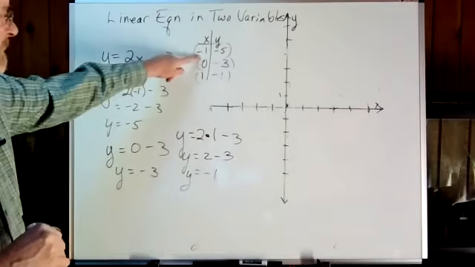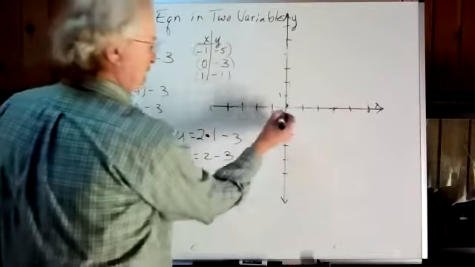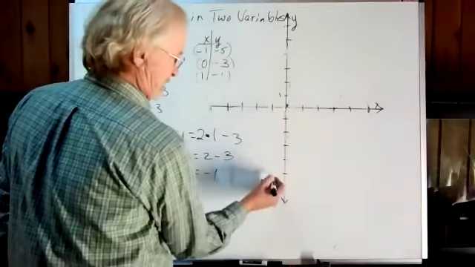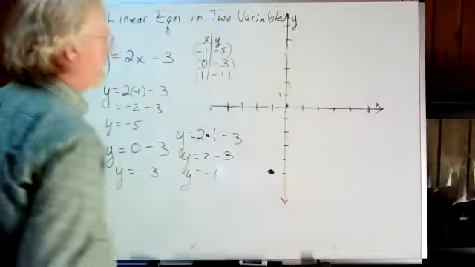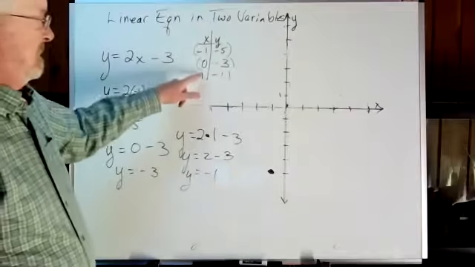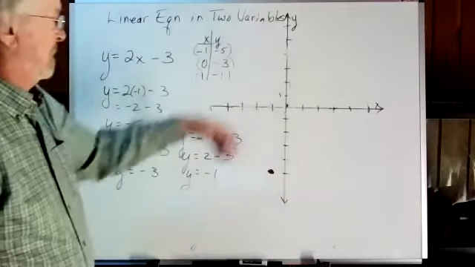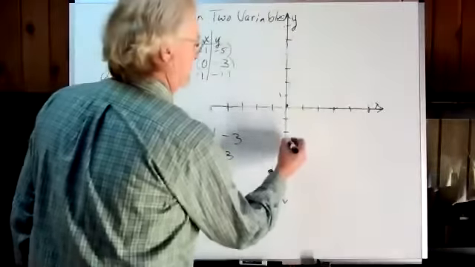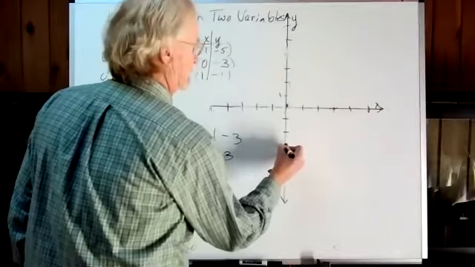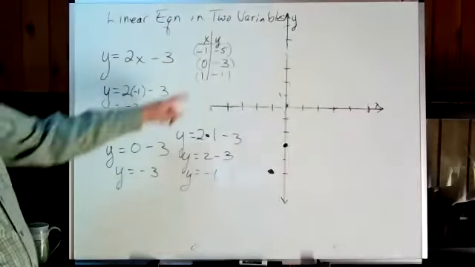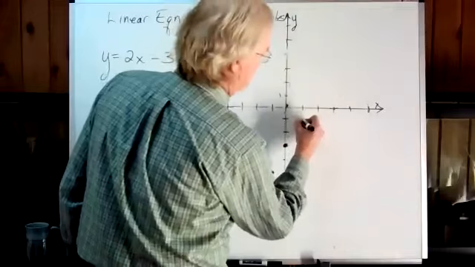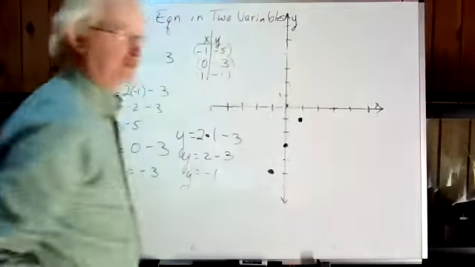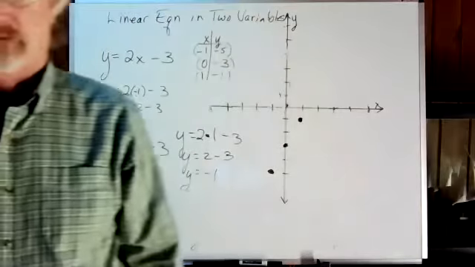X is a -1, y is a -5. I do this nicely, neatly. If x is 0, well, I'm right on that axis, y is a -3. If x is 1, y is -1. There are those 3 dots on that graph.